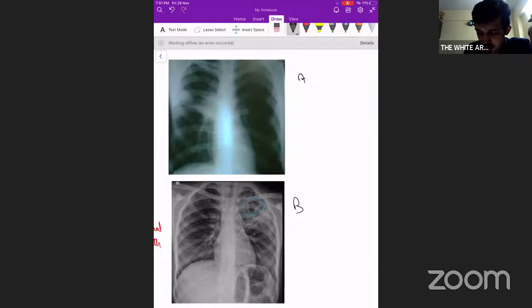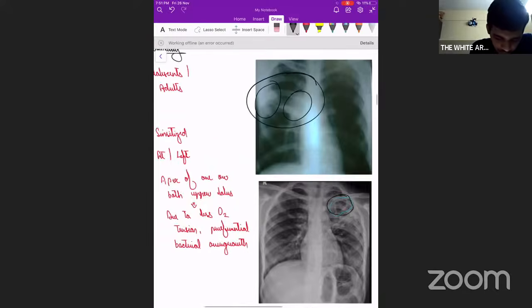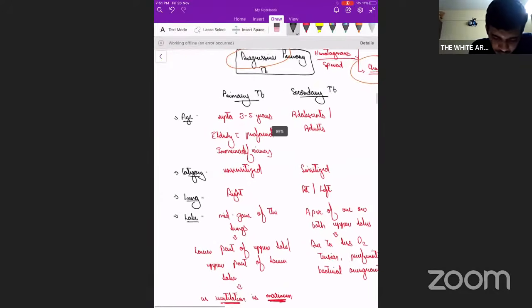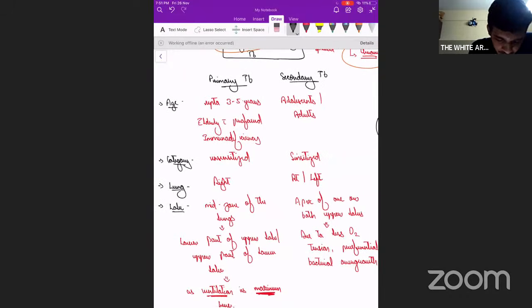B is secondary tuberculosis, and A is primary tuberculosis, because in A we have the primary complex, the primary lesion and the lymph node both forming the primary complex, whereas in B we have the characteristic cavitary lesion.